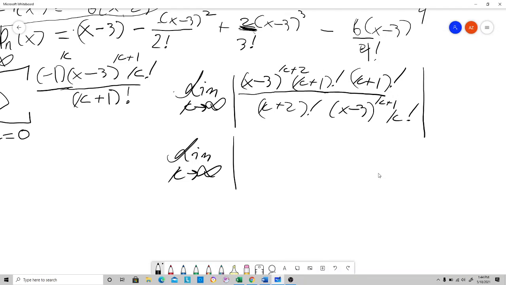Okay, so we've simplified. Let's start with this right here. You can start really anywhere. We see that we have one extra. When we're dividing numbers, we subtract their exponents. So what is k plus 2?